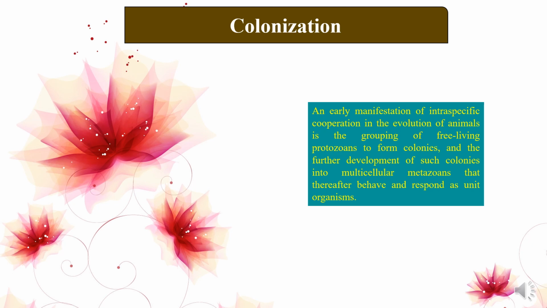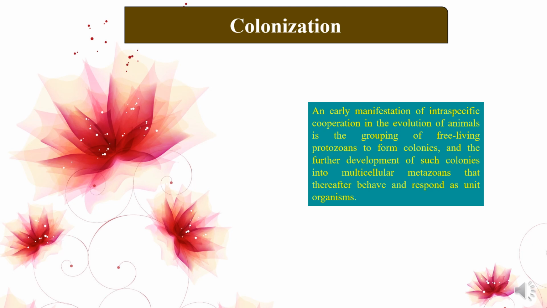For example, the colonial hydroids exhibit polymorphism and division of labor in different individuals called zooids or polyps of the colony. And Physalia is a free-floating colony of polyps or zooids specialized into four major polyp types, and such specialization of polyps is called polymorphism.